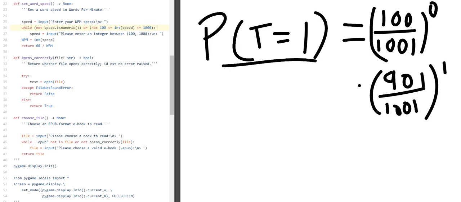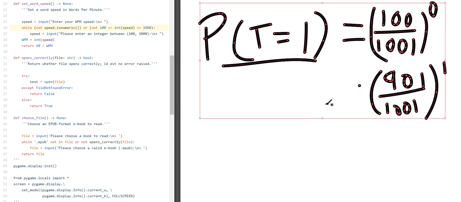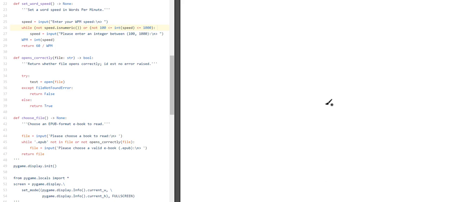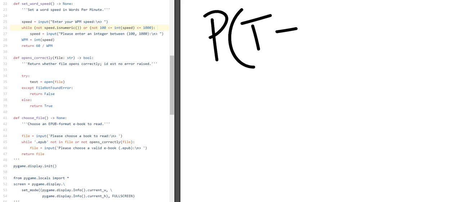It kind of seemed like it was geometric because we look at the number of failures until the first success. But again, we won't think of it like that. We will just try to notice this pattern. So the probability that we have t equals, let's say, 64.